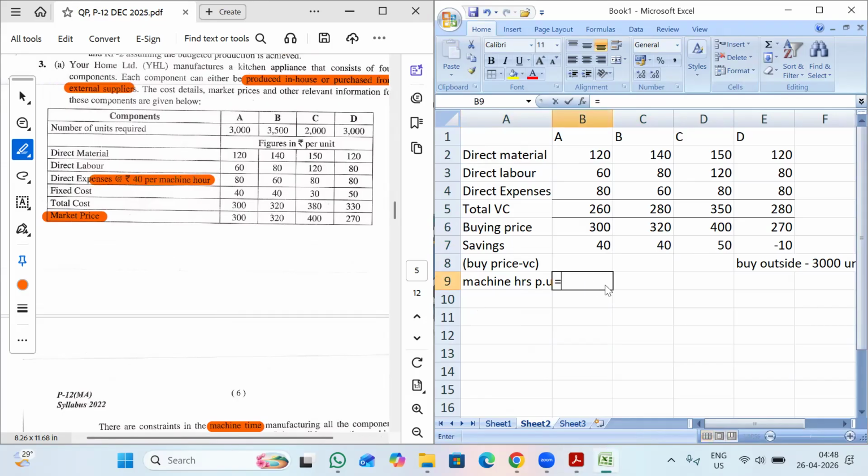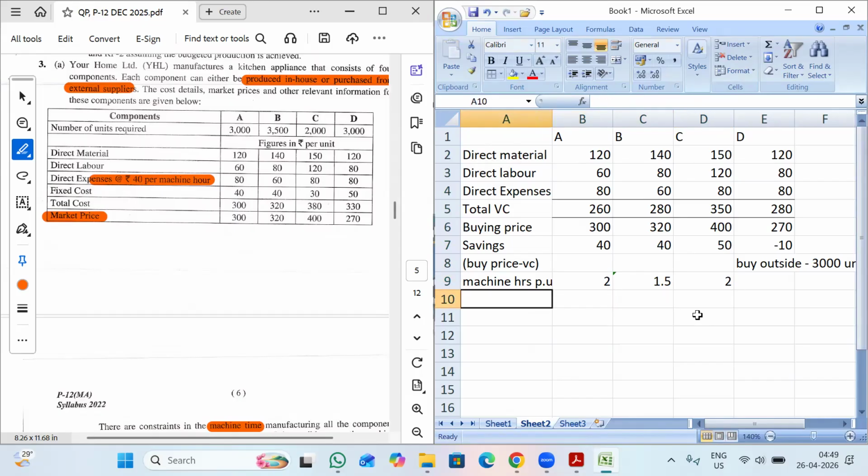For A I have 80 rupees as direct expense, so if I'm incurring 40 rupees per hour, that means 2 hours to produce 1 unit of A. For B, 60 divided by 40 means 1.5 hours per unit. And for C, again 80 divided by 40, so it is 2 hours only.